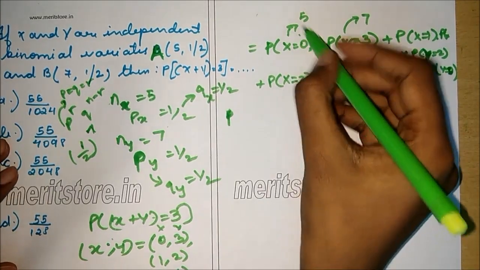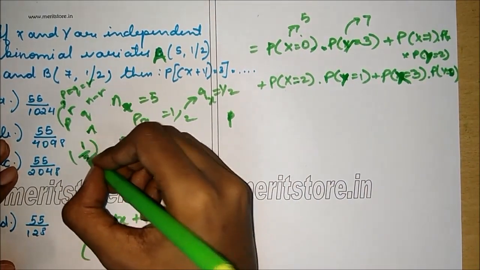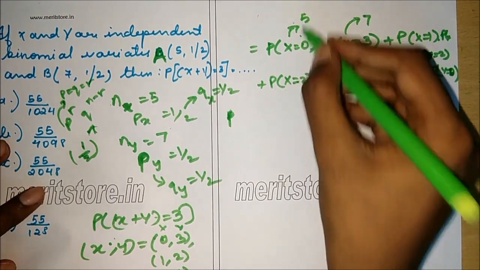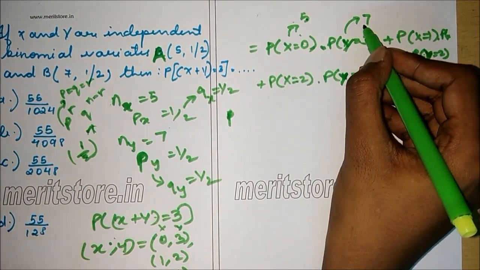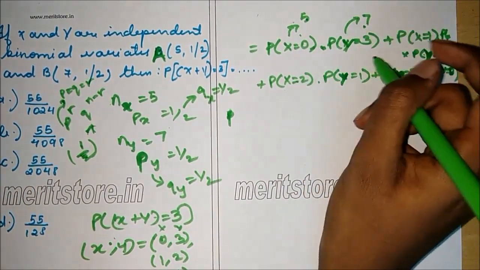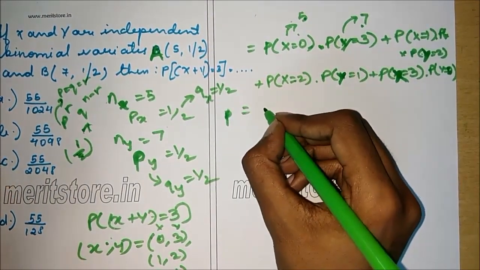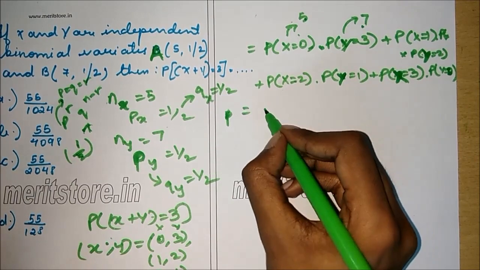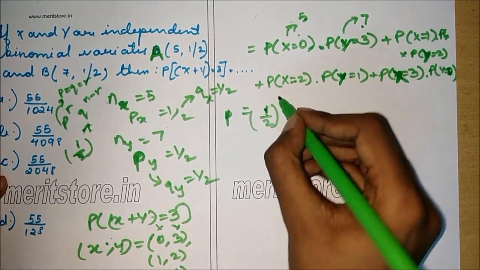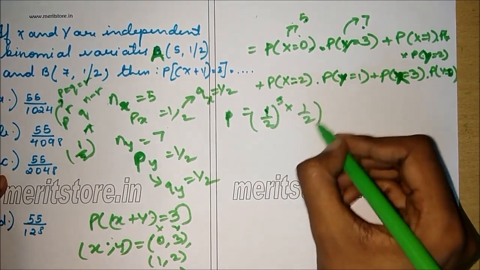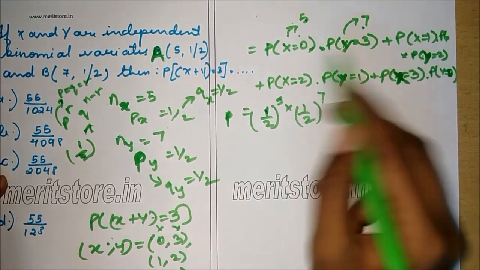So each will be given as a half raised to n. For this case, it will be half raised to 5, and this will be half raised to 7. We can take this common from all the terms. This is similar to the previous sum. So this will be half raised to 5 into half raised to 7. We got this common from all the terms.